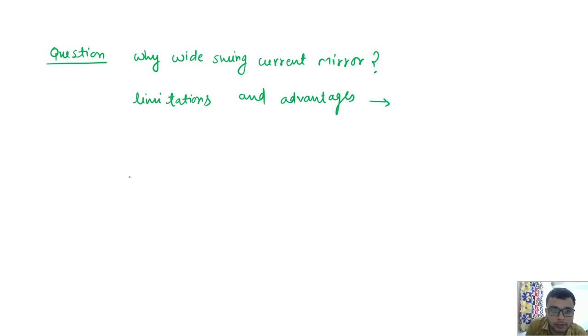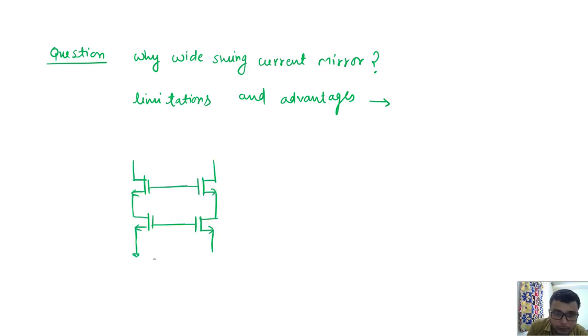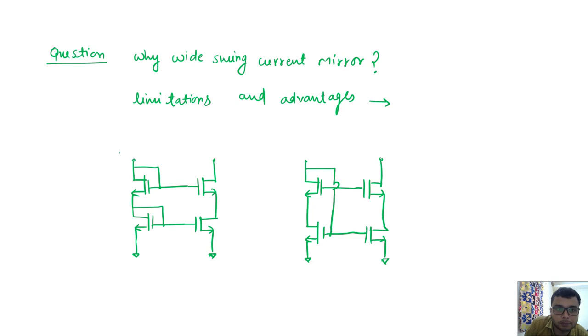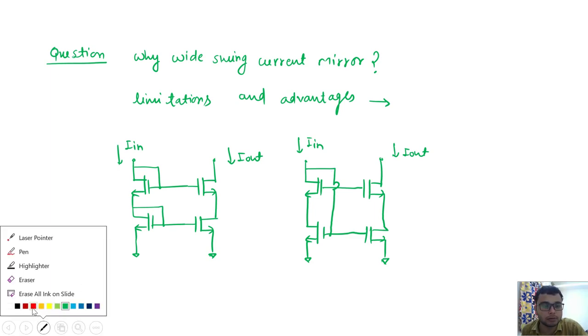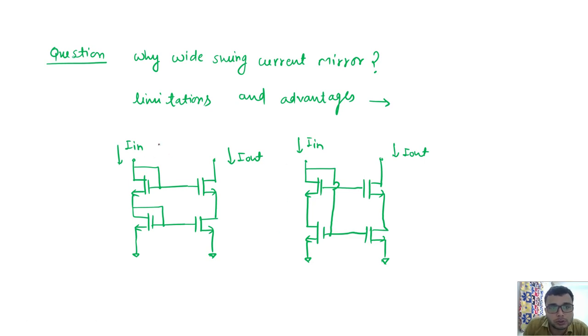I am just drawing, you can see it. From here you can analyze what is the problem in this wide swing structure. This is my input current, and also I want to see the input resistance in both the cases.